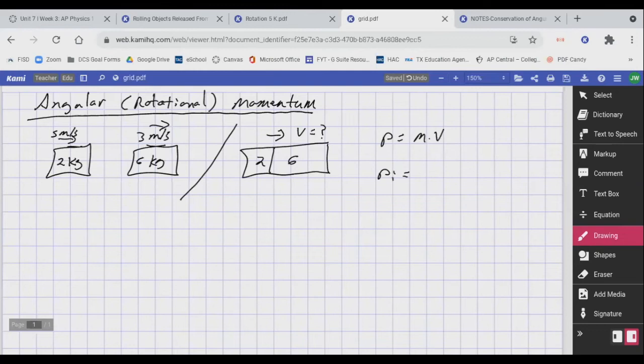Initial momentum is equal to final momentum, the PI, that's initial momentum, the PF, final momentum.